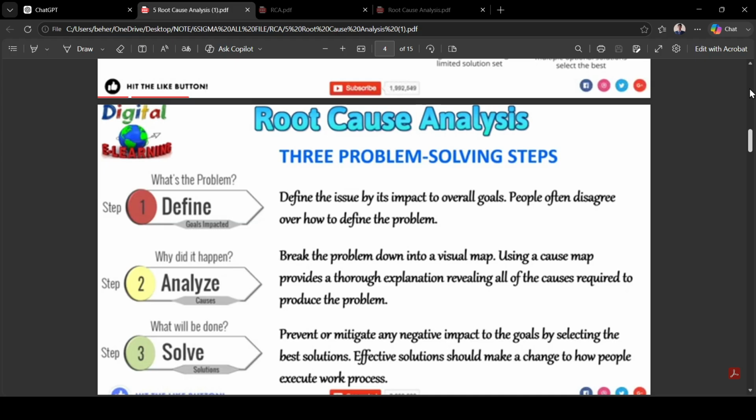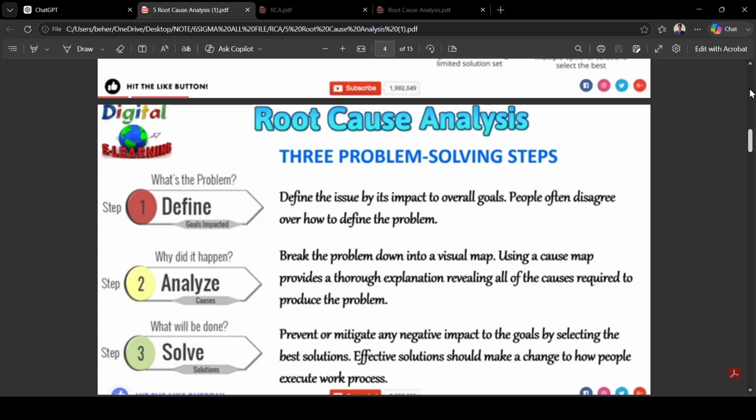Root cause analysis steps. What is the problem? Step one, define the issue by its impact on overall goals. People often disagree over how to define the problem and why it happened. Analyze: break the problem down into a visual map.